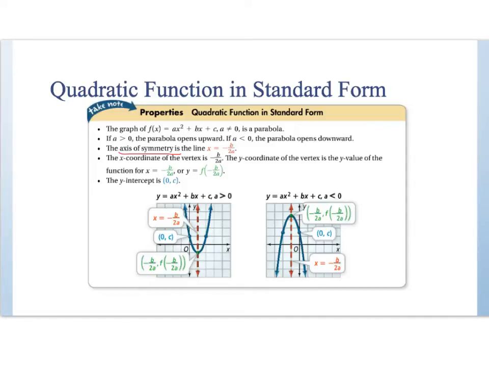And then lastly, the y-intercept is 0, comma, whatever the c value is. Okay, so honestly, the most difficult part is trying to find the y value. Everything else is pretty straightforward, pretty self-explanatory. But let's go ahead and try example 1. And by the way, after we have all these parts, then we can graph from there.